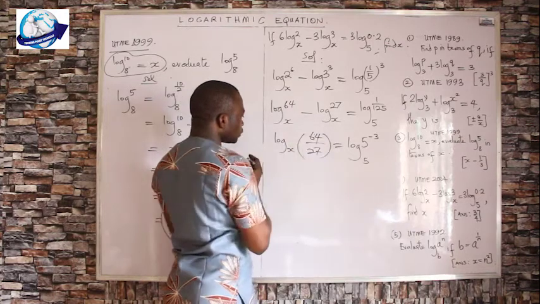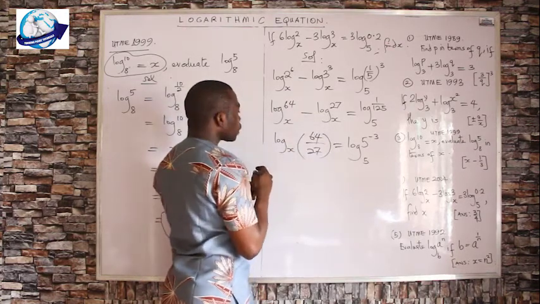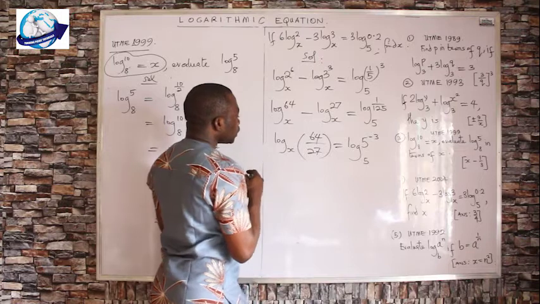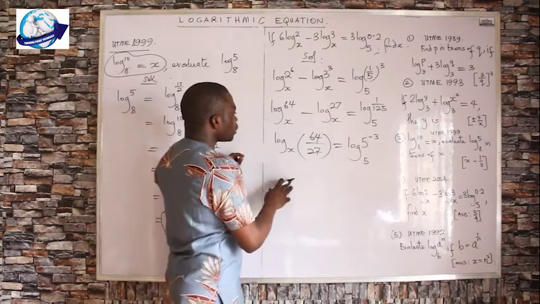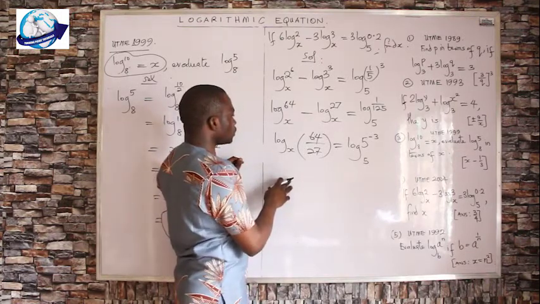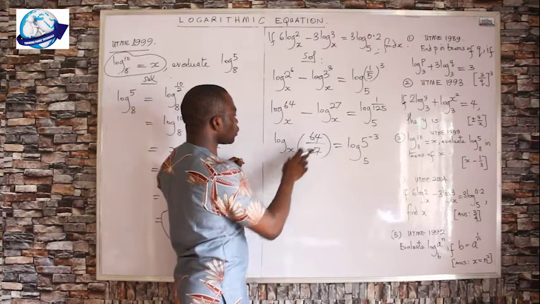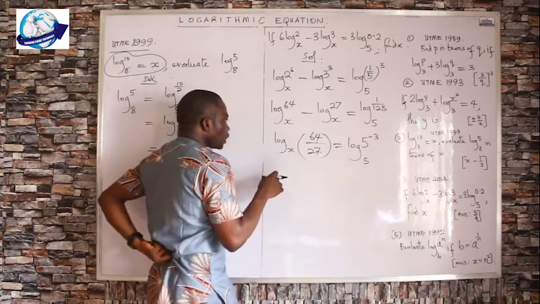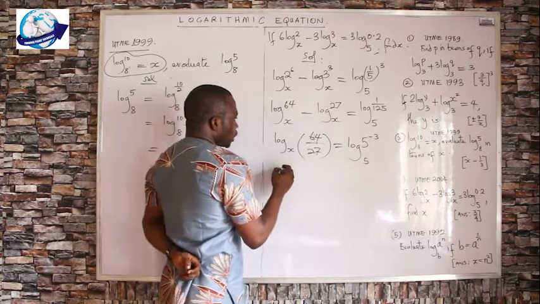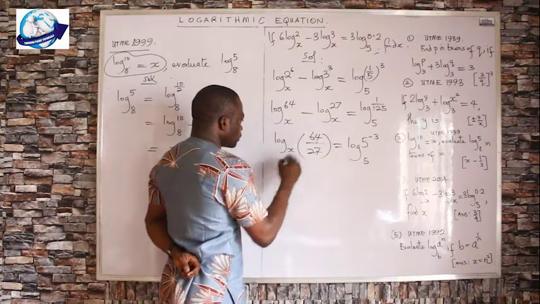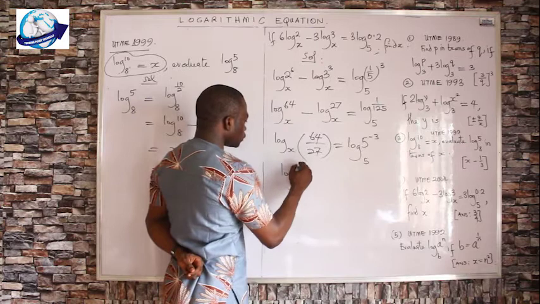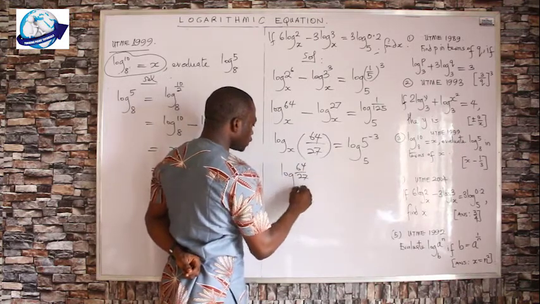So at this junction, let's see if something can come out of it. Okay, can anything come out of it? Let's see. We have a value here. That's logarithm 64 over 27 base x.